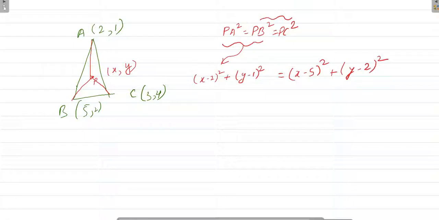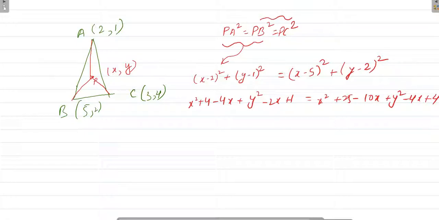After opening the squares, we get x square plus 4 minus 4x plus y square minus 2y plus 1 equals x square plus 25 minus 10x plus y square minus 4y plus 4. If we cancel and simplify, x square cancels with x square and y square with y square, and after solving we get 3x plus y equals 12. So this is our first equation.